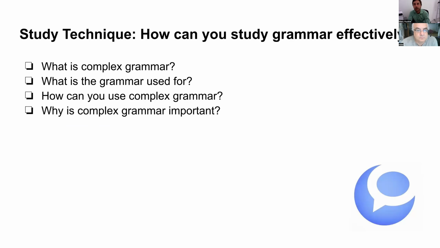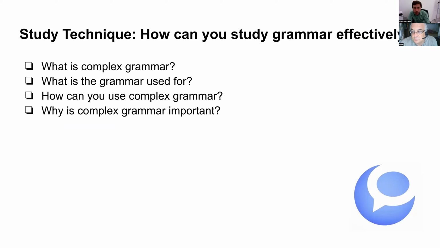So what are we going to study? How can you study grammar effectively? Basically, we study grammar, especially complex grammar, when we focus on the uses of these different tenses. We need to know how to express hypothetical situations, desires. We need to know how to emphasize negative meaning.